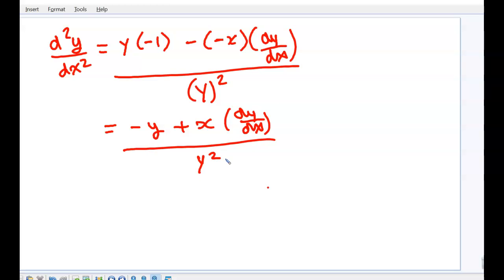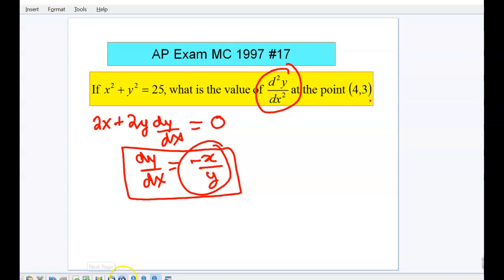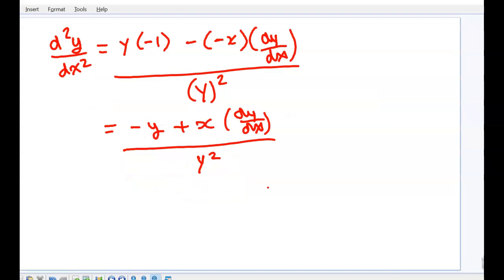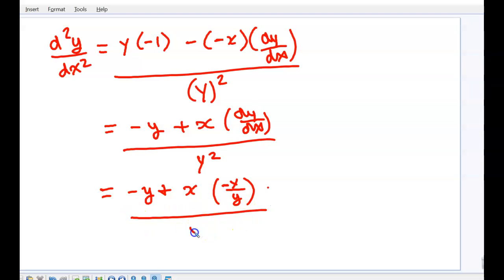And now they want us to evaluate this at the point 4 and 3. So we know dy/dx is negative x over y. So in place of dy/dx, I can put negative x over y. And this ends up being negative y minus x squared over y, all over y squared.